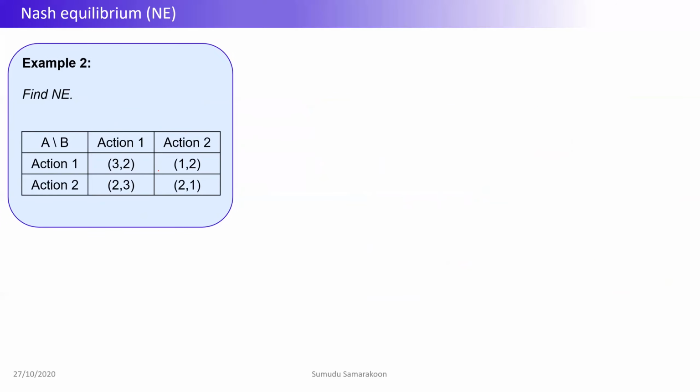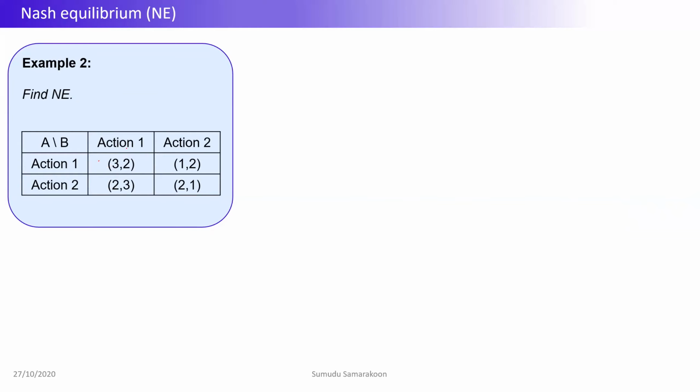Let's go for example 2, which is the same example I used in the earlier case. Now let's try to find the Nash equilibrium. Let's start from this point. At least we can see A does not want to deviate because choosing action 2 will make him lose, right? So basically he doesn't want to change.